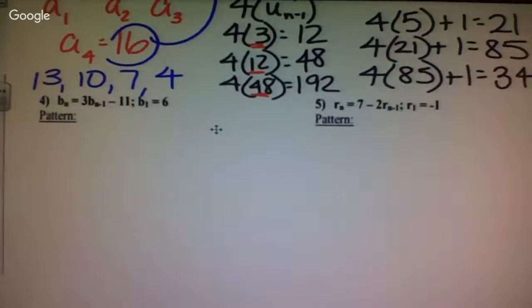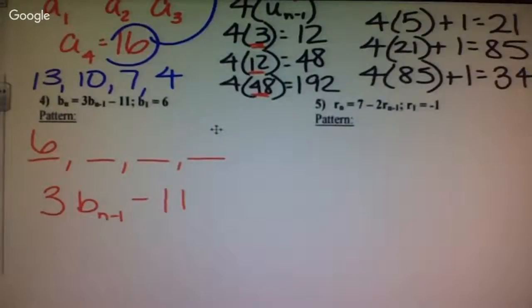All right. So my equation here. We start off with 6, and I need to find the 3 numbers that come after 6. Everybody good here? Okay. So my equation is 3 times b sub n minus 1, minus 11.